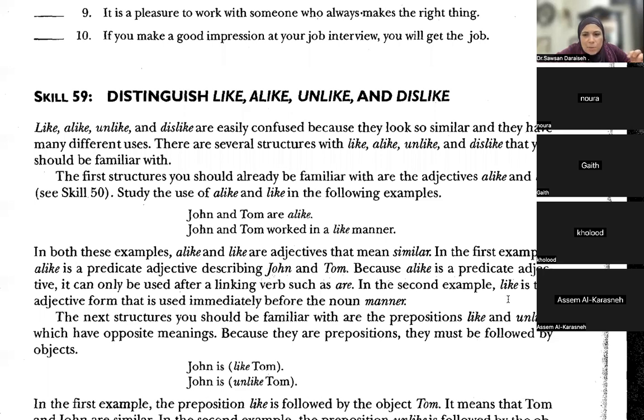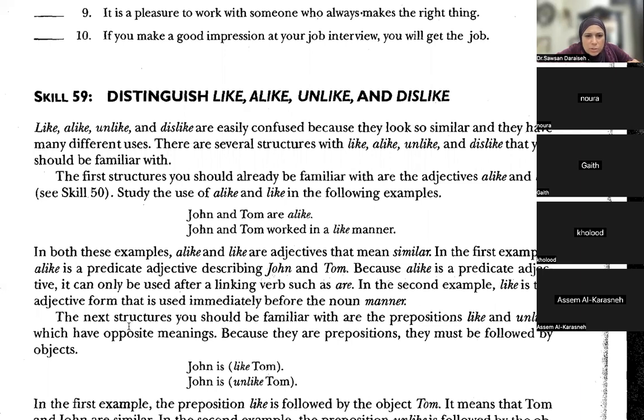In the second example, the second one, like is the adjective form. Here like is an adjective, like any adjective that comes before the noun, guys. Okay? That is used immediately before the noun manner. It comes before a noun, like beautiful girl, like that. All right, something of that kind. In the second example, we said this, okay?